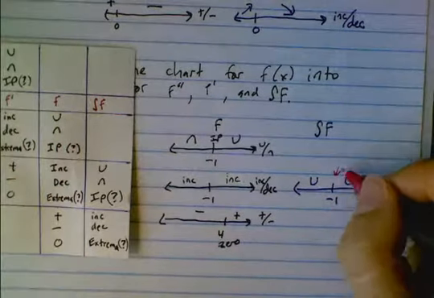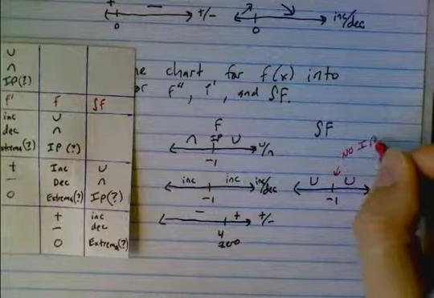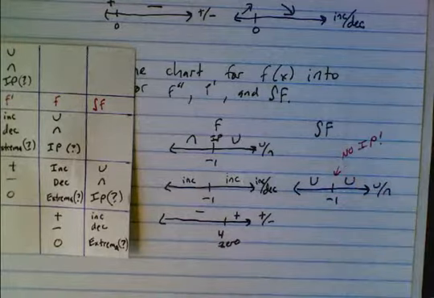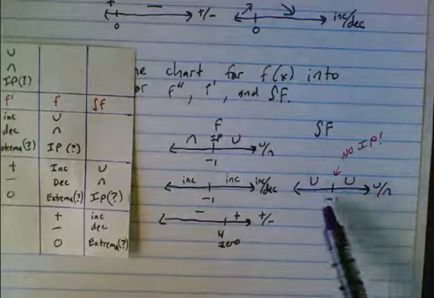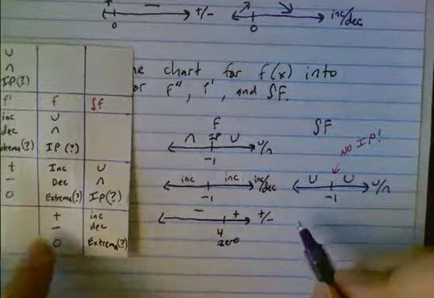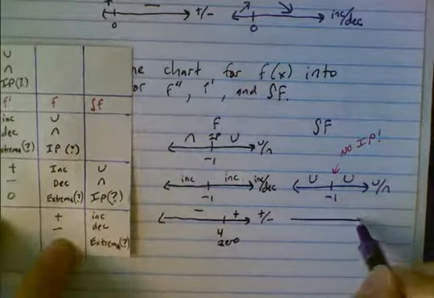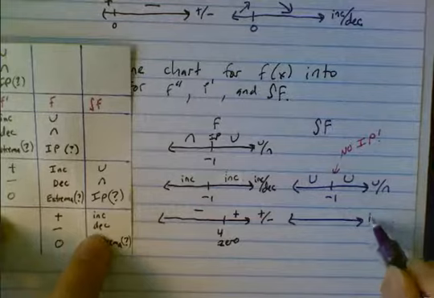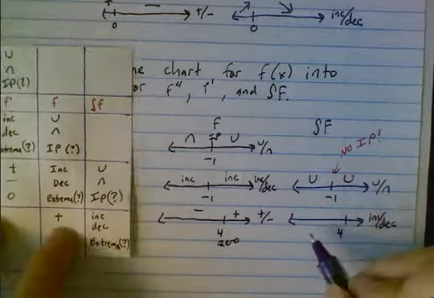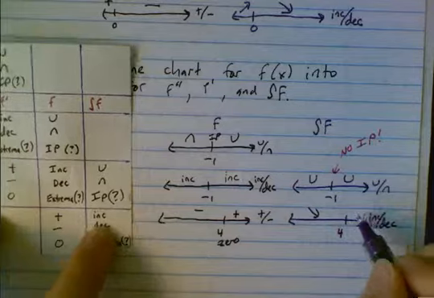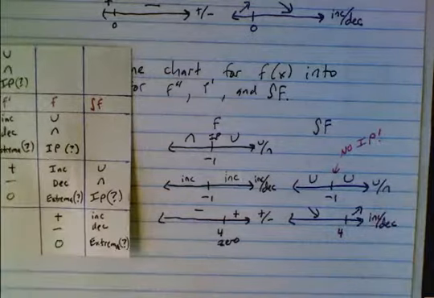Notice there is no inflection point here. An inflection point occurs when the function changes concavity. Here it's not changing concavity. This final one, plus minus, translates into increasing, decreasing, decreasing, increasing.